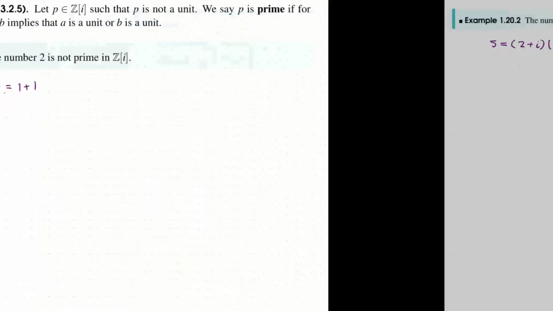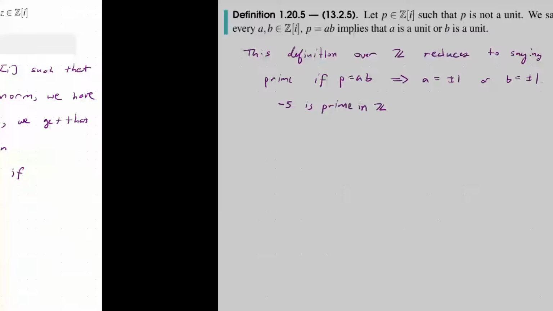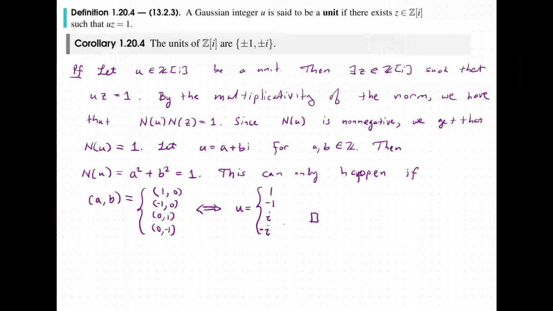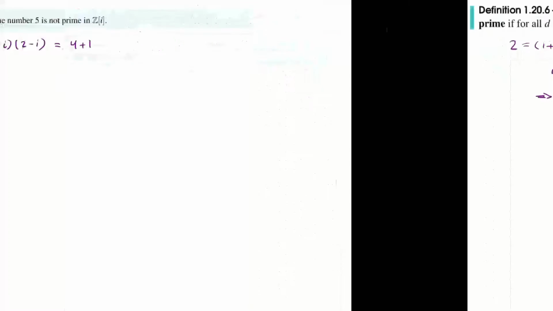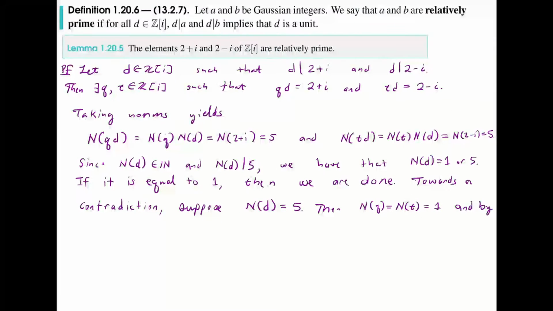And we have, by the lemma that we just proved, corollary 1.20, that q and t are in the set of elements plus or minus 1, plus or minus i, since they are units.